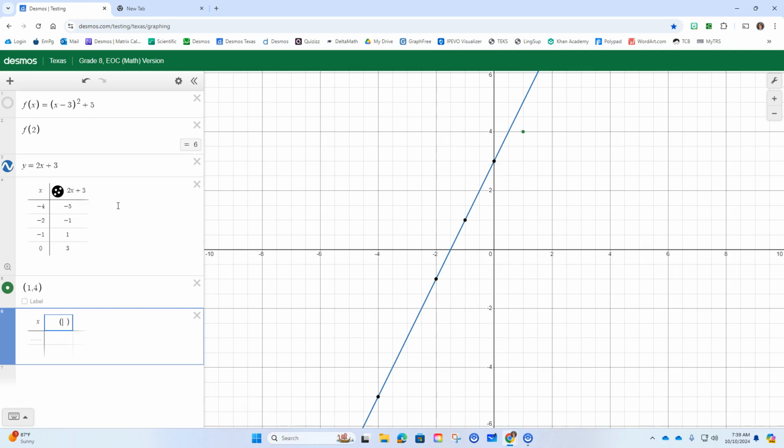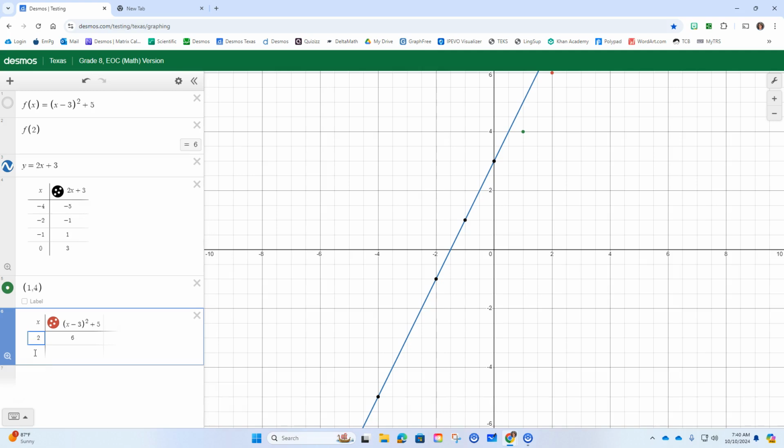I could put in x minus 3 squared. Oh goodness, I'm doing a terrible job. X minus 3 squared plus 5. You put that equation, whatever y is equal to, over here, and then you just type in points, and it'll automatically calculate the y value.